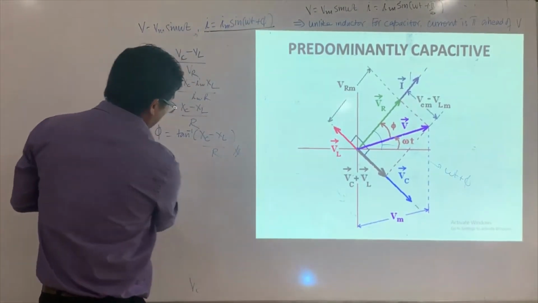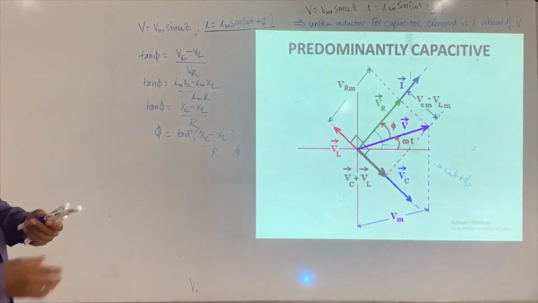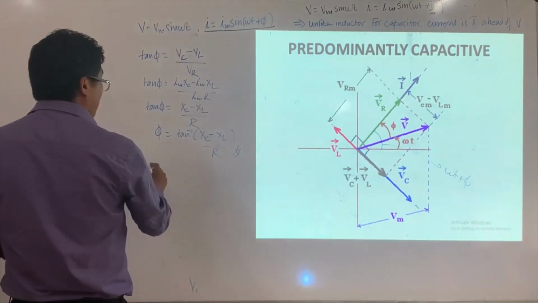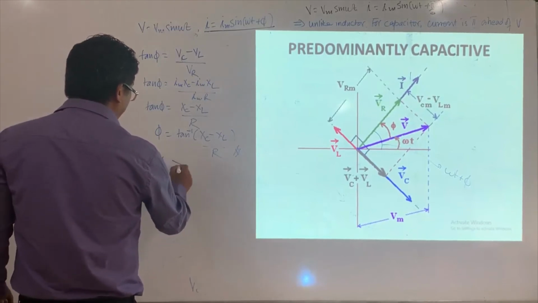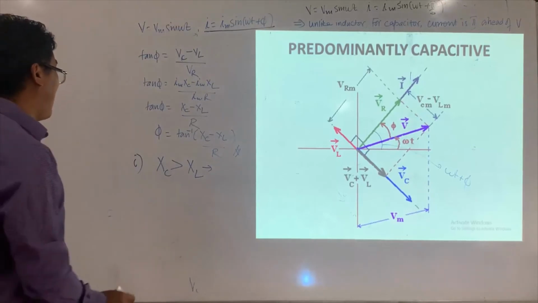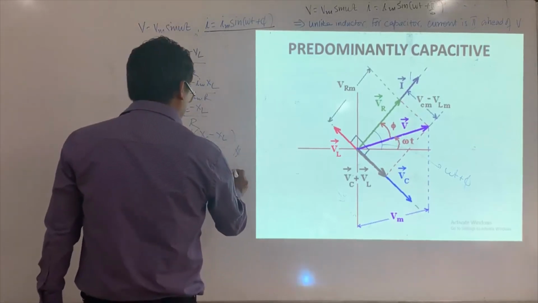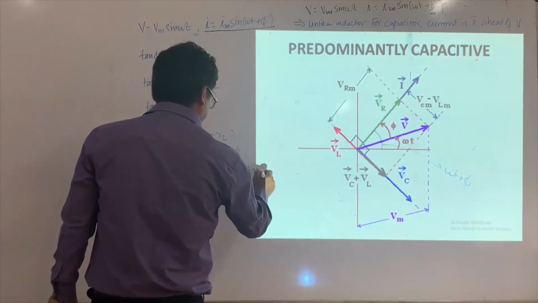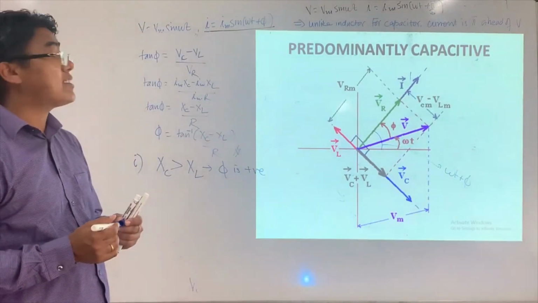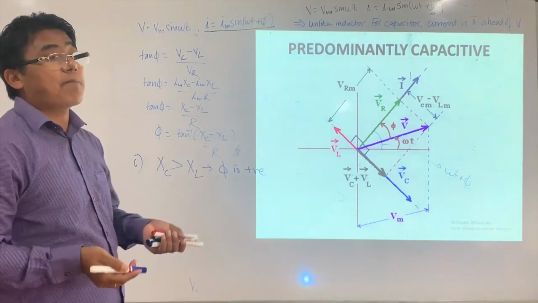Now, having these diagrams, I would like to do two small cases. The first case is if XC is more than XL. If XC is more than XL, then phi is positive, and we call it predominantly capacitive. That means the circuit is dominated by capacitors.